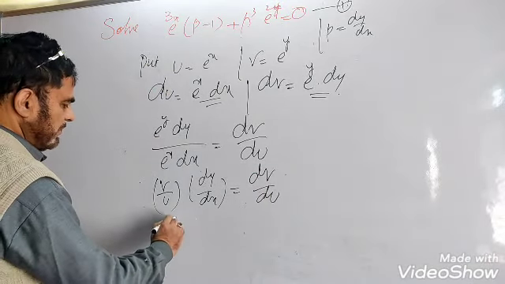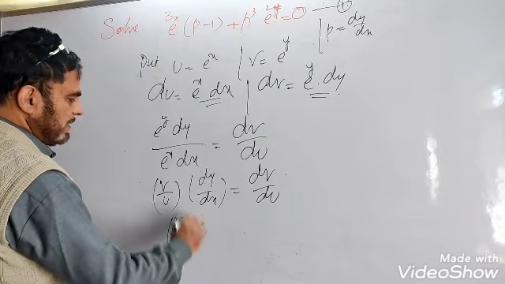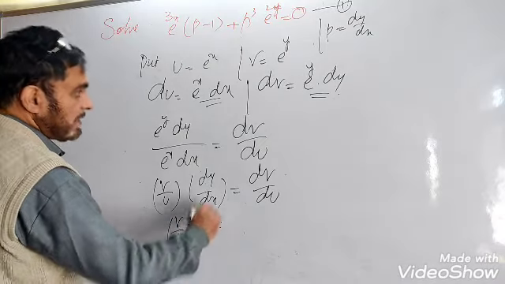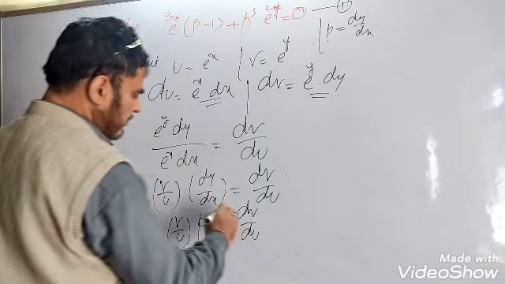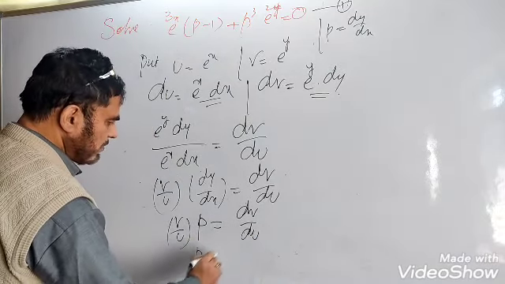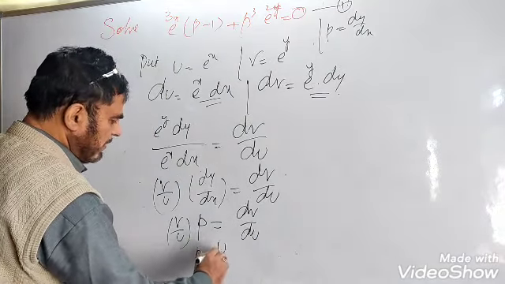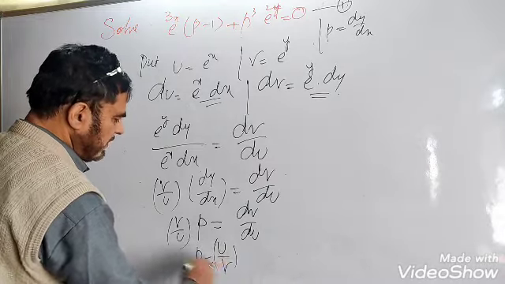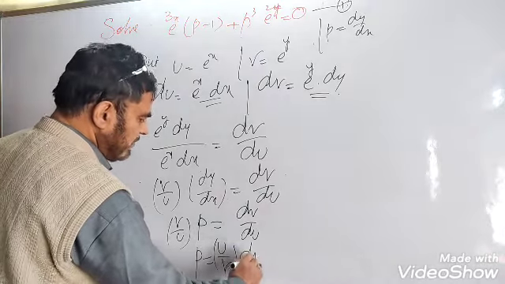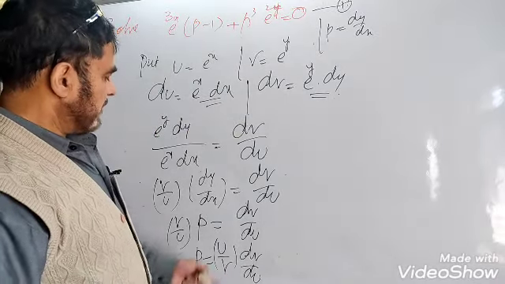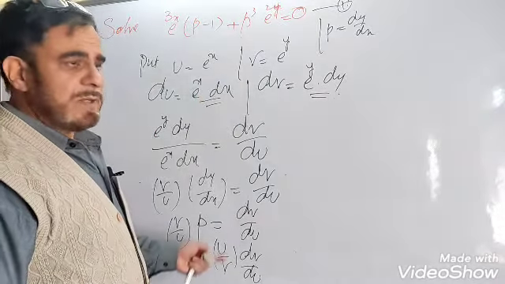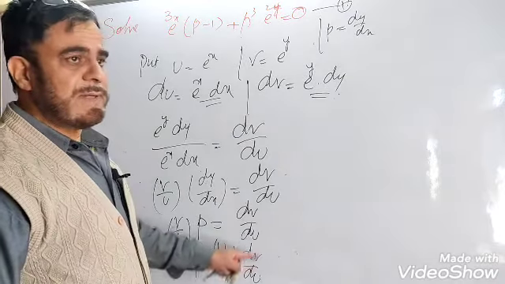Given p is dy by dx, from this you get p is equal to u upon v times dv by du. I have simplified this and found the value of p in terms of u and v, dv by du.